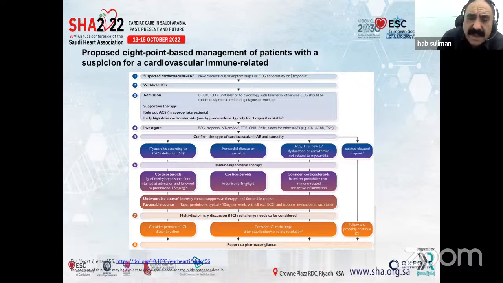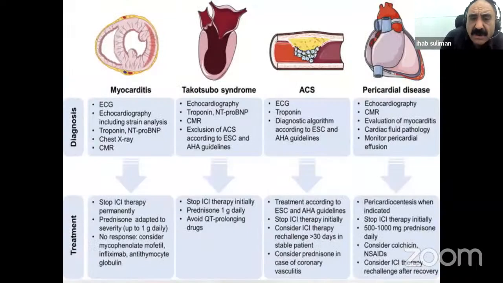What will happen if the patient does not improve with corticosteroid? The American College of Cardiology also proposed that after stopping the immune checkpoint inhibitor therapy, we can consider other types of immune therapy that can inhibit the immune system, like giving the patient mycophenolate mofetil, infliximab, and anti-thymocyte globulin.